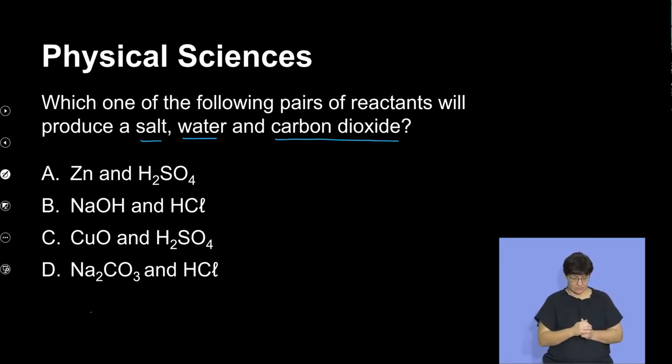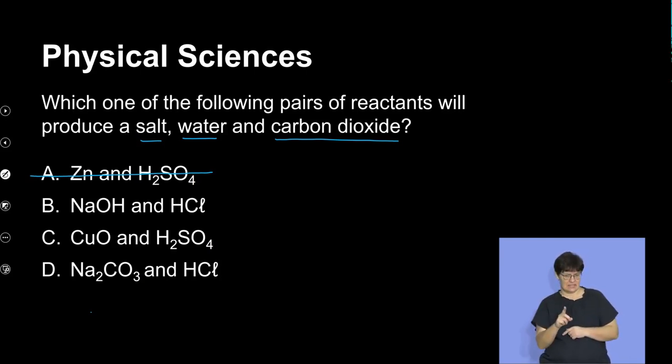If you look at reaction A, first of all, for us to get carbon dioxide, one of the reactants must have carbon and oxygen. But the reaction between zinc and sulfuric acid is a typical reaction between a metal and an acid. This gives us salt and hydrogen, so there is no way we are going to get a gas like carbon dioxide in this case. We're looking also for a gas-forming type of reaction. If you go to option B, it talks about a base and an acid.